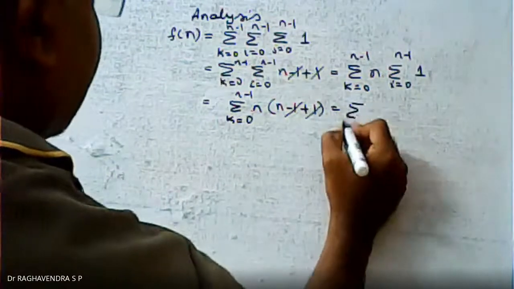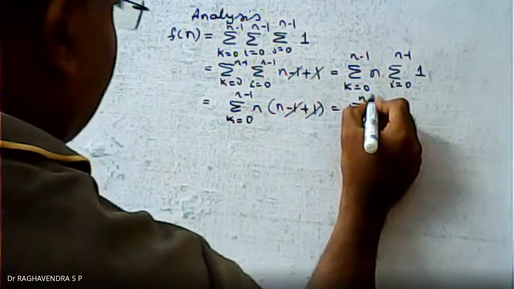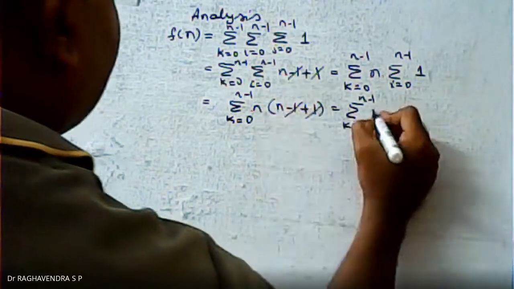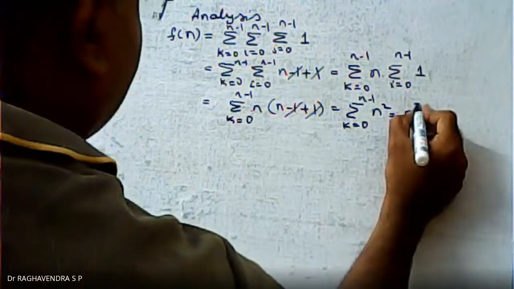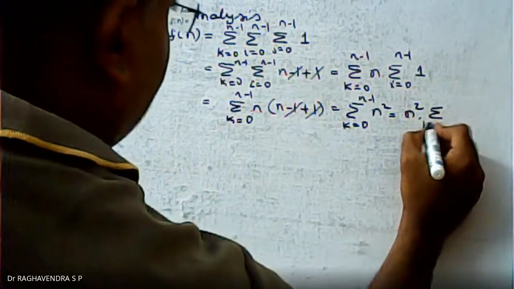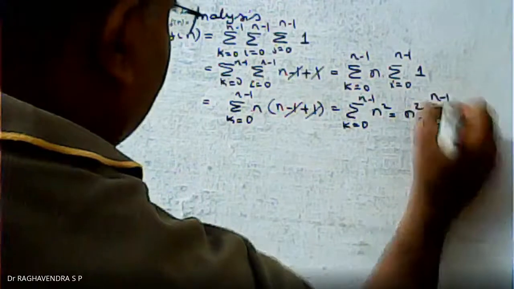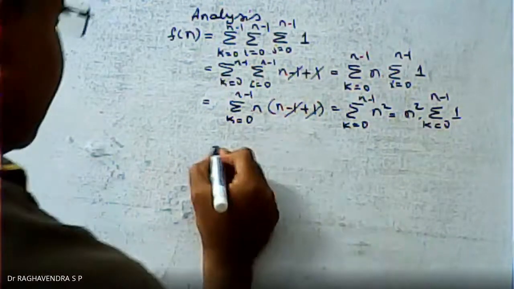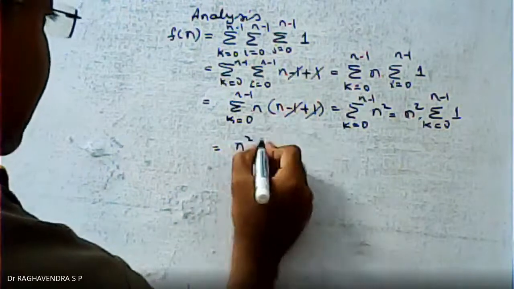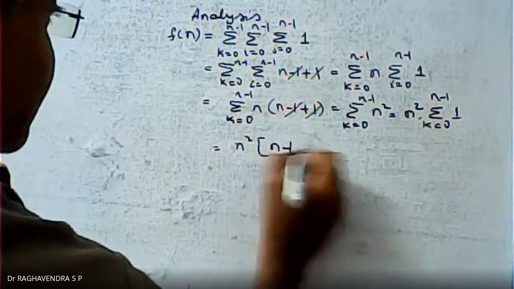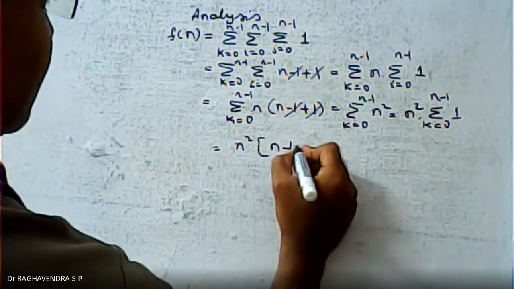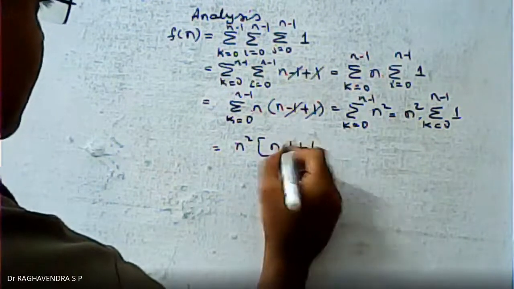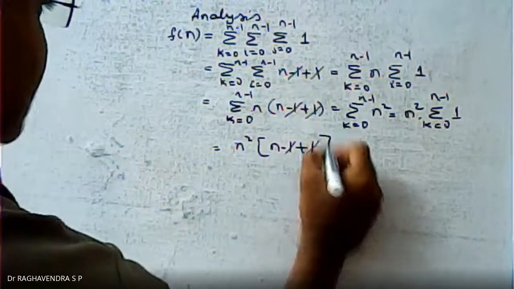So it is nothing but summation k is equals to 0 to n minus 1 of n into n square. If you take n square outside, summation k is equals to 0 to n minus 1 of 1. So once again, what happens? So n square into n minus 1 plus 1, so minus 1 plus 1 cancels.